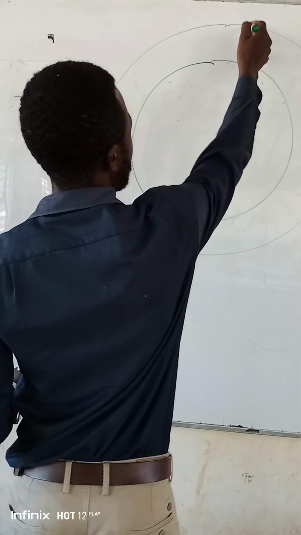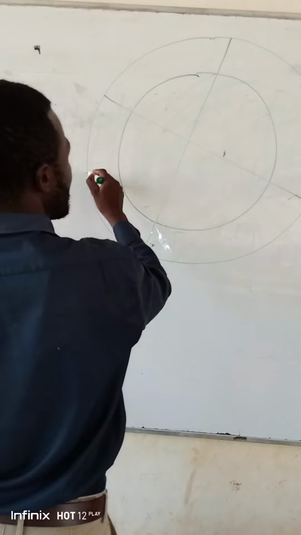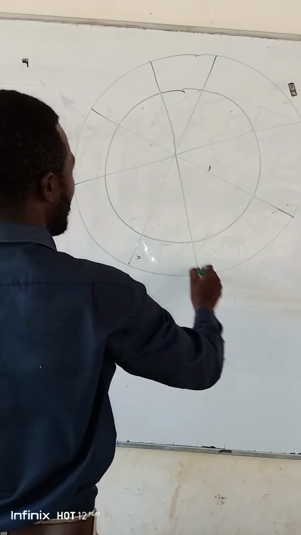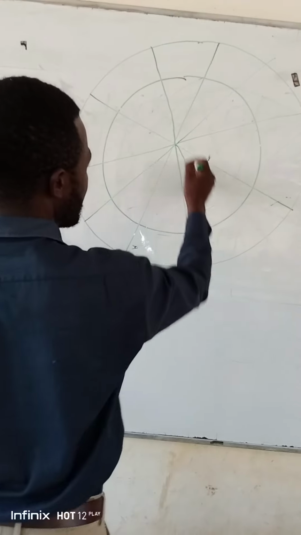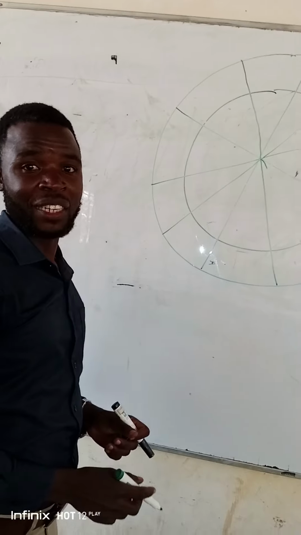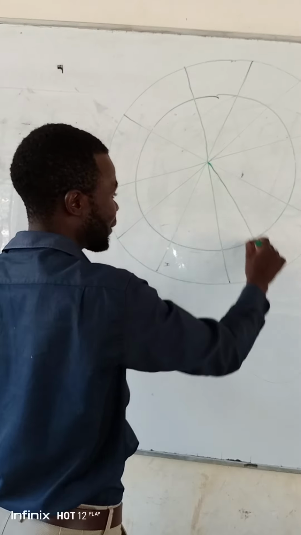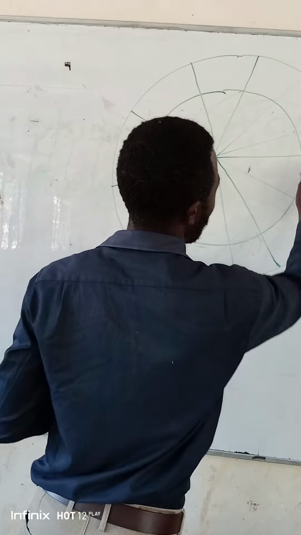Then I give 12 portions: 1, 2, 3, 4, 5, 6. You must be an artist, but don't just draw bad things.